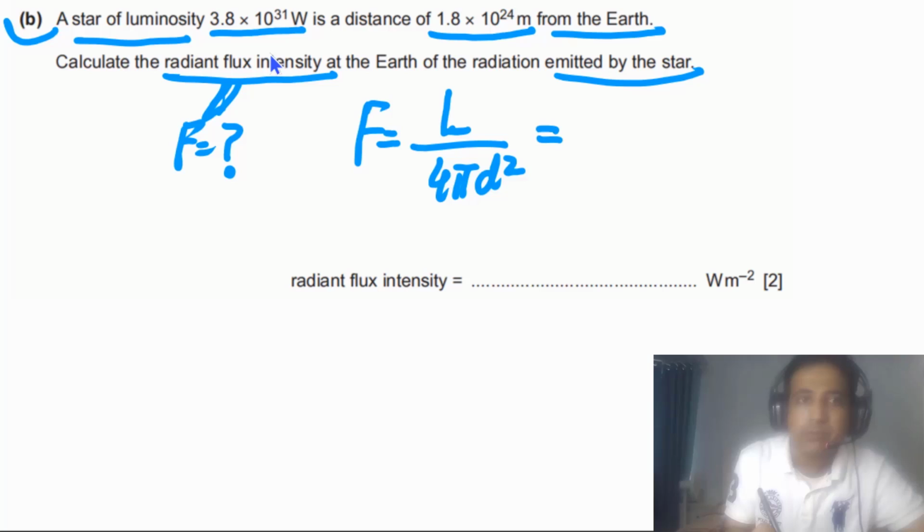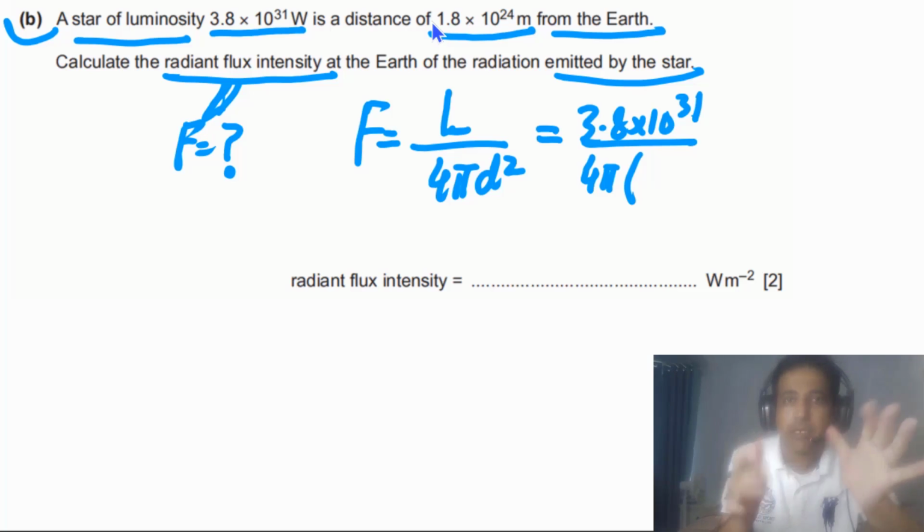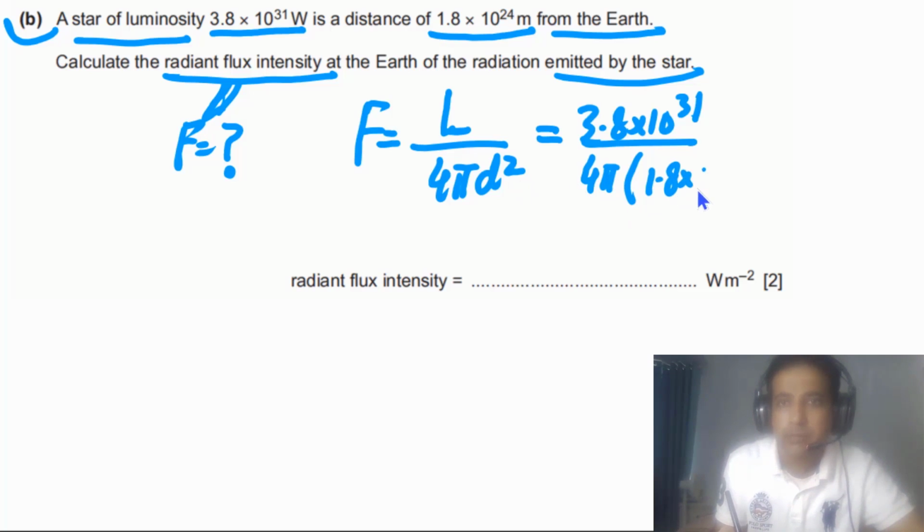We have power emitted by the star, that is equal to 3.8 times 10 to 31. And here we have 4 pi, and we have d squared. The distance between the star and our planet is given to us. That distance is equal to 1.8 times 10 to 24, squared.